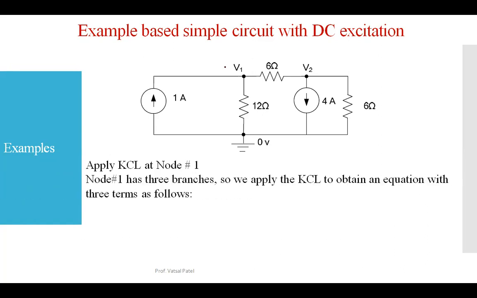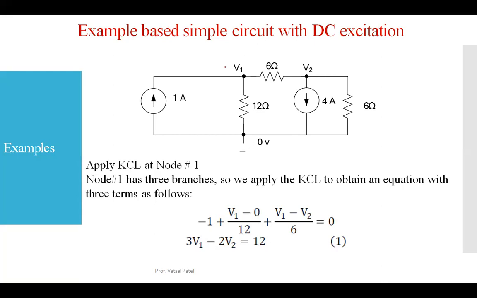So if we apply the KCL at node number 1, according to the current direction, it is mentioned in the previous presentation that all the current entering the node we assume with a minus sign, but you can select according to your knowledge.